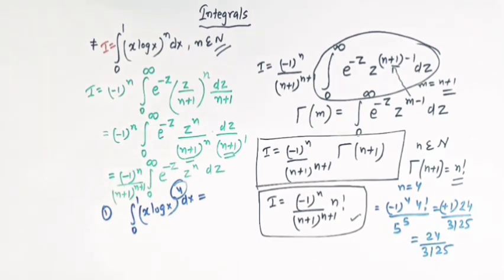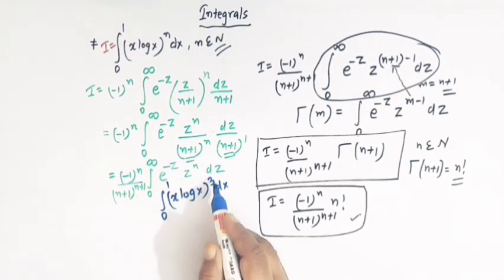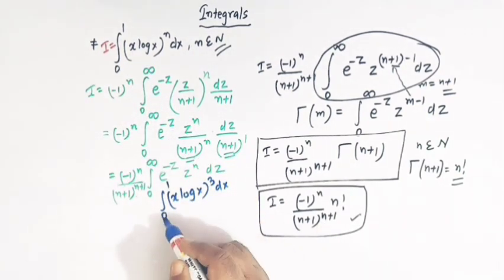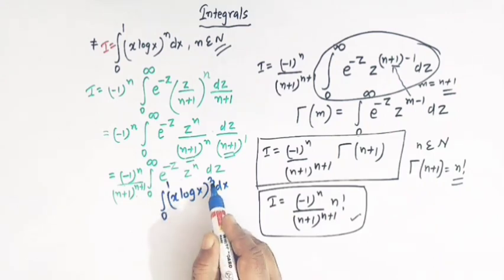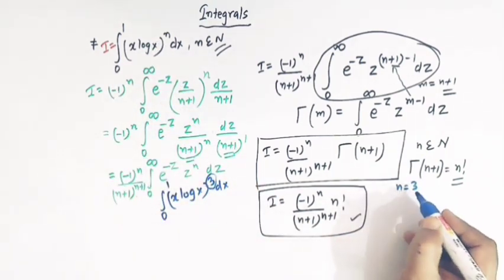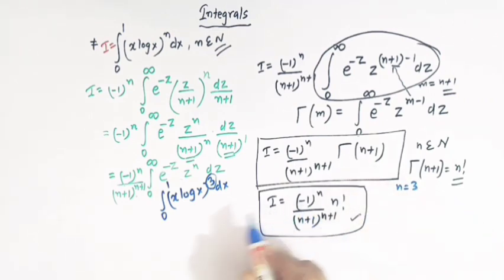Now let us find out the value of this integral using this result. This is 0 to 1 x log x raised to 3, and if we compare this integral with this one, then the value of n is 3, and 3 is a natural number. So we can find the value of this integral by putting n equal to 3 in this result.